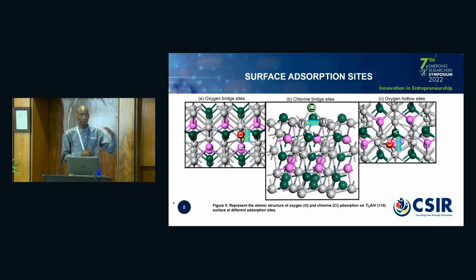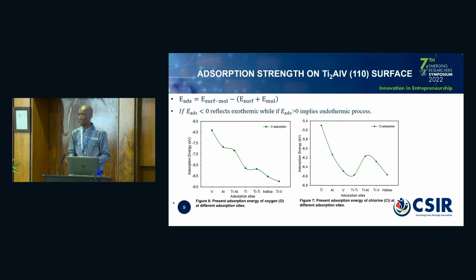We also have oxygen on the bridge site between titanium and titanium and so forth, but I just mentioned three of these. And then you have the hollow site, where the oxygen is sitting between all four atoms on the top surface, so it's a hollow site reactive. Our simulation shows that the impurity will sit on the top surface.